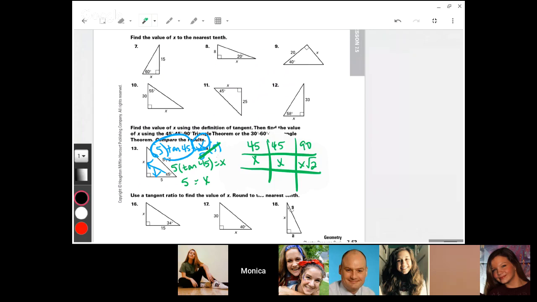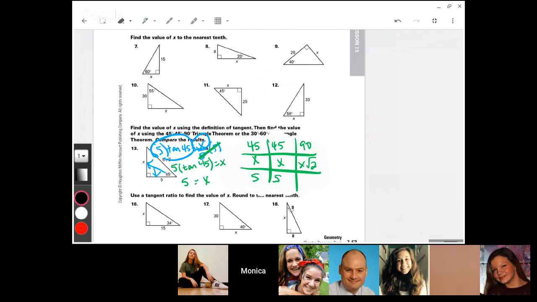Okay. So now our sides across from 45, we just solved and know that those are 5, right? Well, I guess technically we still have to solve that.